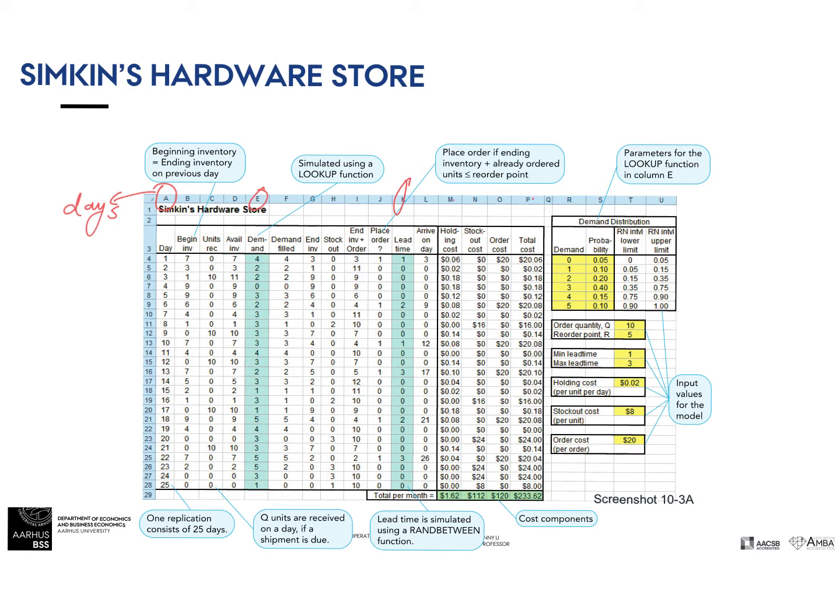Now you can see you can calculate holding cost. The holding cost is always related to your end of period inventory. So here we have end inventory for each day in column G, and using this value you can calculate holding cost. And similarly, you have the stock out quantity, then you can calculate stock out cost.